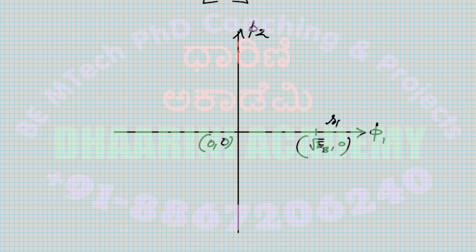At the same time, if I mark a root Eb over here, this coordinate will be 0 comma root Eb. We are moving 0 along phi 1, but root Eb along phi 2. So this has to be the point S2. Is it fine? Okay. Now, where should be the decision boundary?